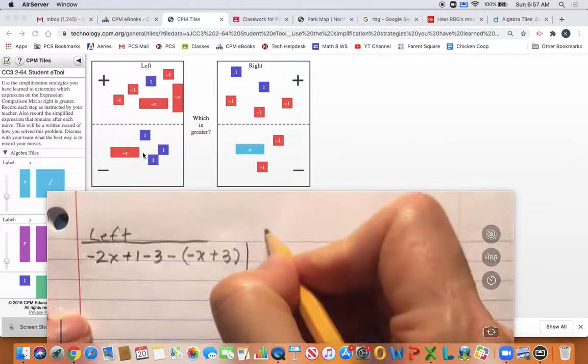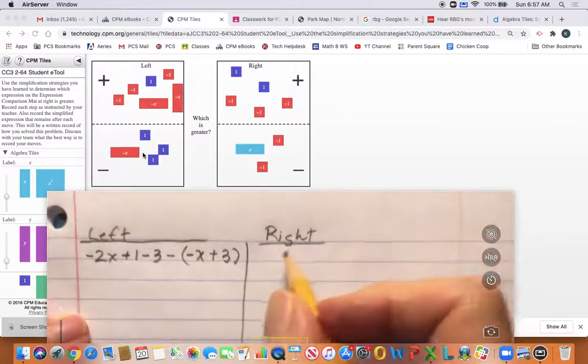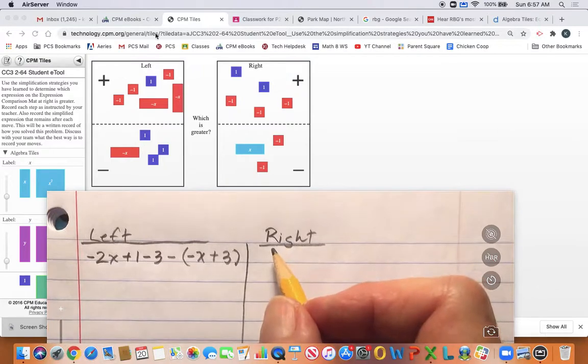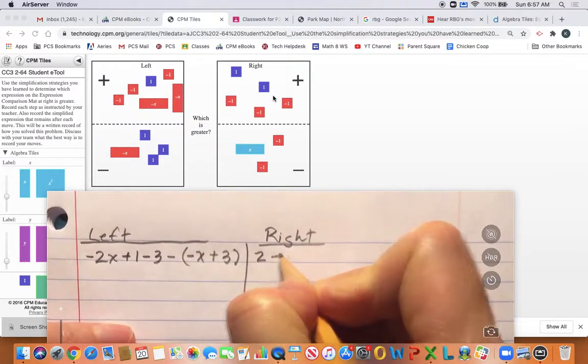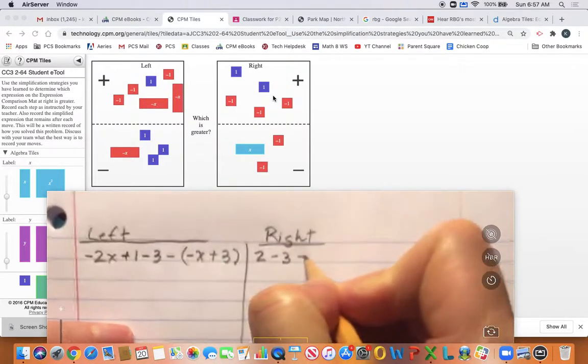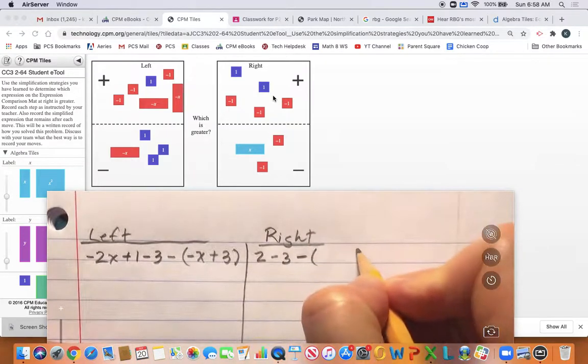And then we're going to write the right expression. And that looks like, up top, we've got 3 negative tiles and 2 positive tiles. So 2 minus 3. And then we have the negative region, so I put a negative sign and parentheses.